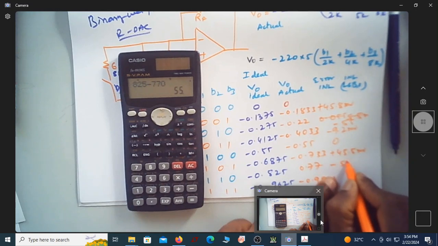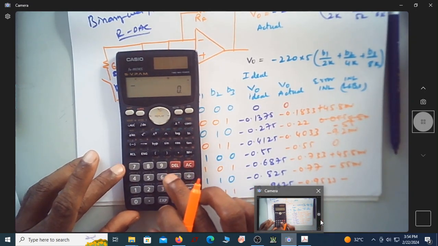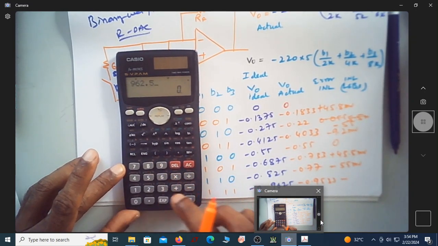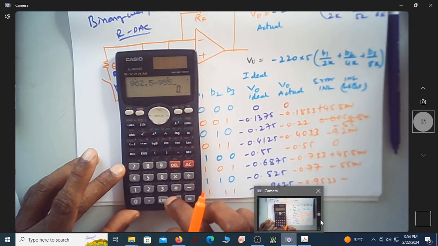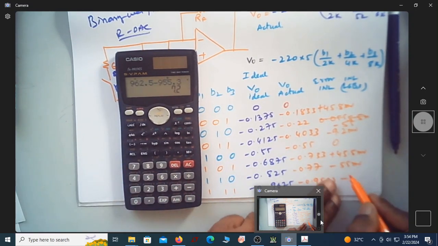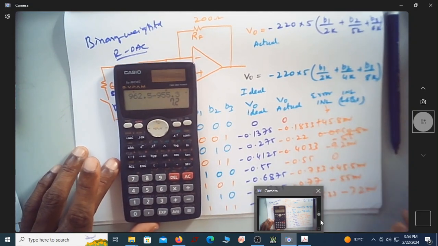You are underestimating by 55 millivolts. Here you are underestimating it by 962.5 minus 955.3. It is 7.2 millivolt. So this is the actual error, that is INL.